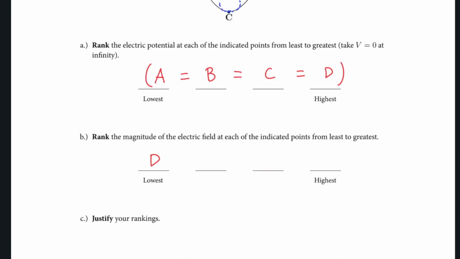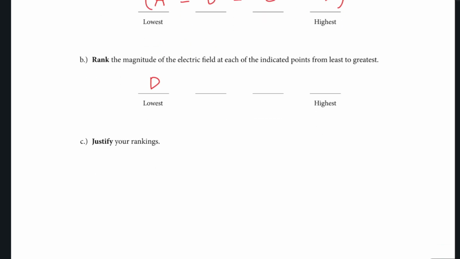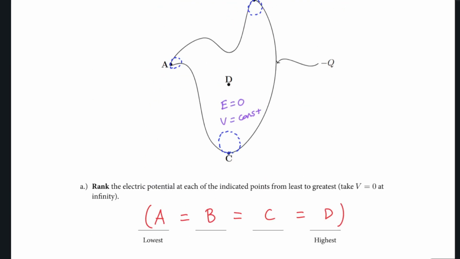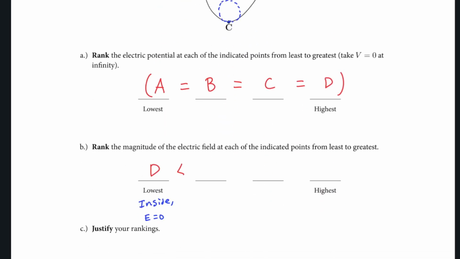So it's 0 at point D because it's inside. So I might write a little note down here that D is inside. So E is 0. And then we just do our ranking because C is the least sharp of the curve, then B, then A.